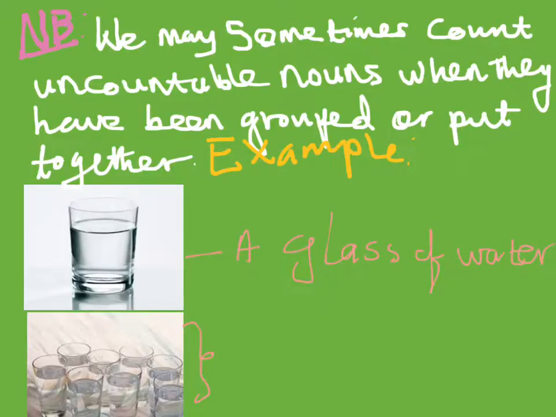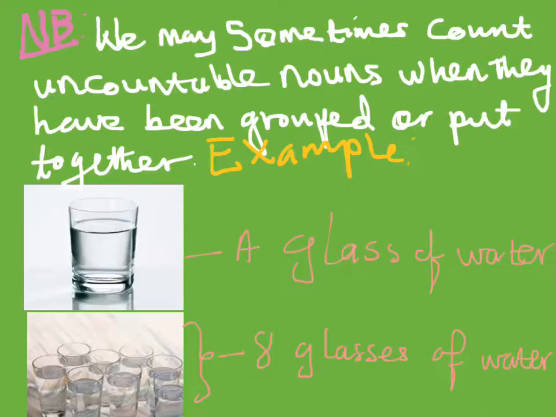Here we can see 8 glasses of water. We can say 8 glasses of water. The water has been put into different glasses, and so we can give them a number.